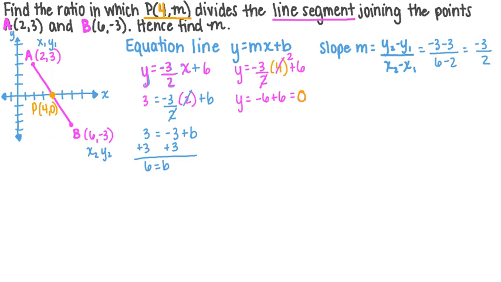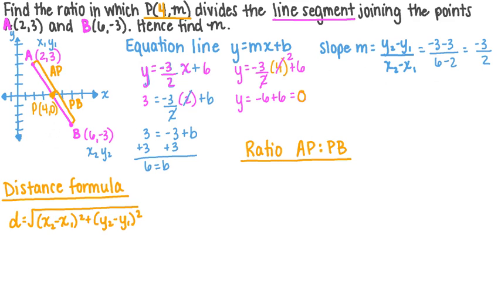So now that we know exactly where P is located, we can find this ratio in which P divided the line segment AB. So now we will be finding the ratio of the distance from A to P to B. And this will require the distance formula. The distance formula is the square root of (x2 minus x1) squared plus (y2 minus y1) squared.